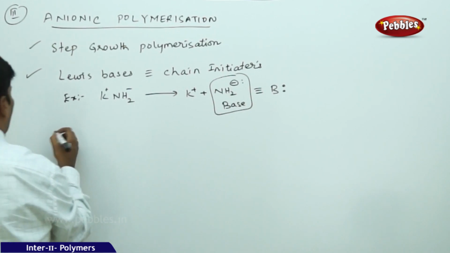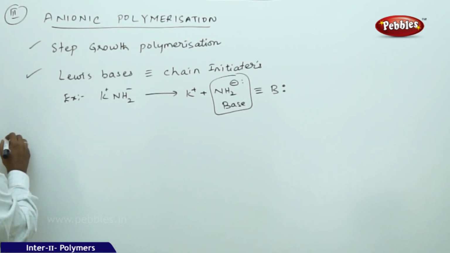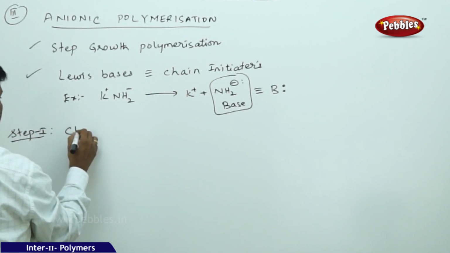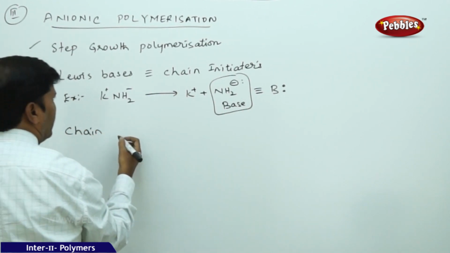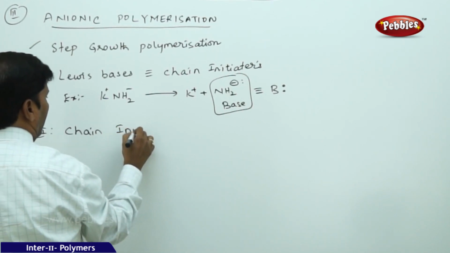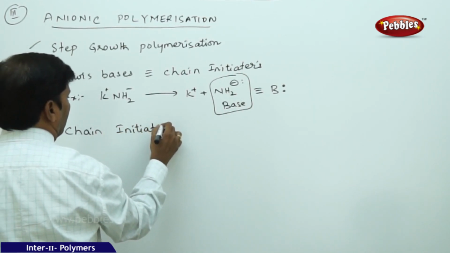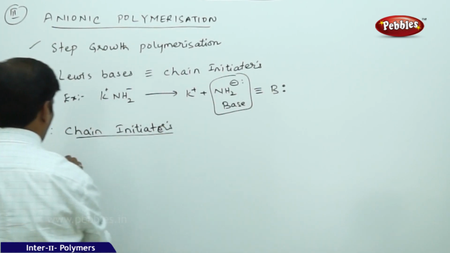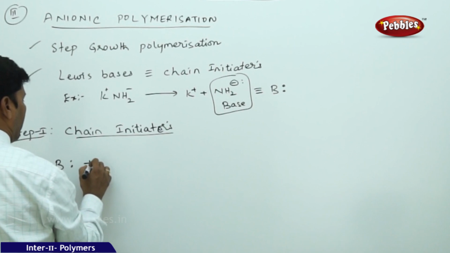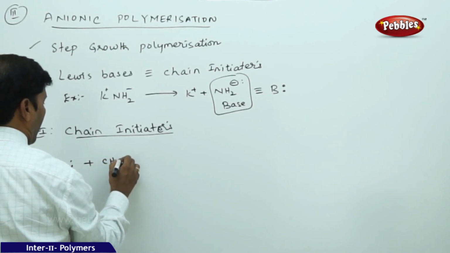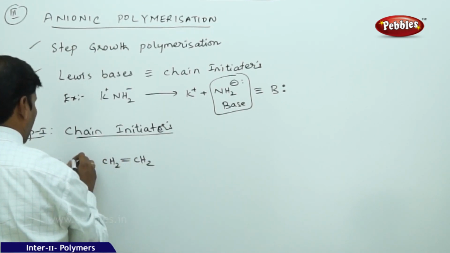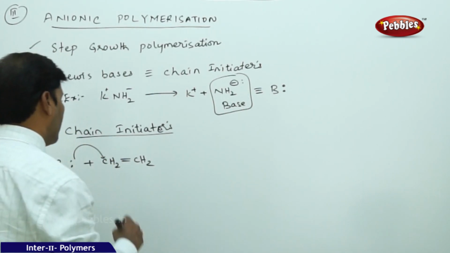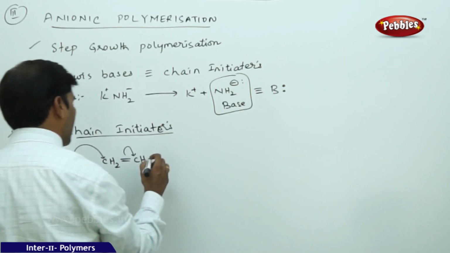If you go for step 1, that is chain initiation, you can take this base, which contains a non-bonding pair of electrons, and for this you add CH2 double bond CH2. The base will try to attack one of the methylene groups of the ethene molecule, so the pi bond electrons will shift to the other carbon.